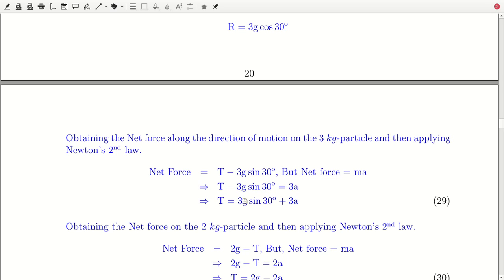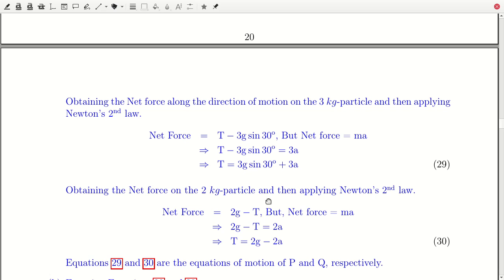When we do the same to the 2 kilogram particle, the net force on it will be 2g minus T. So if we use again Newton's second law, 2g minus T equals ma, but m is 2, so it will be 2g minus T equals 2a. So now our work is to solve 29 and 30 simultaneously using whatever method possible.